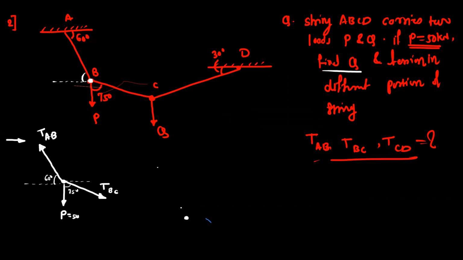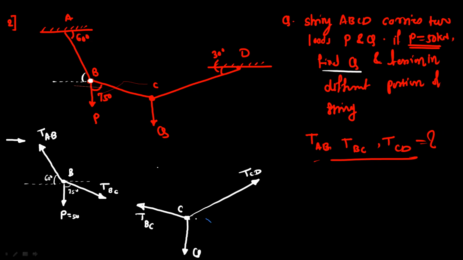So consider point C. This is force Q. Now here we have the common tension BC, just the direction is opposite at point B and at point C. And this is tension CD. At point C, show the tension directed away from that point. So this is the free body diagram for point C.